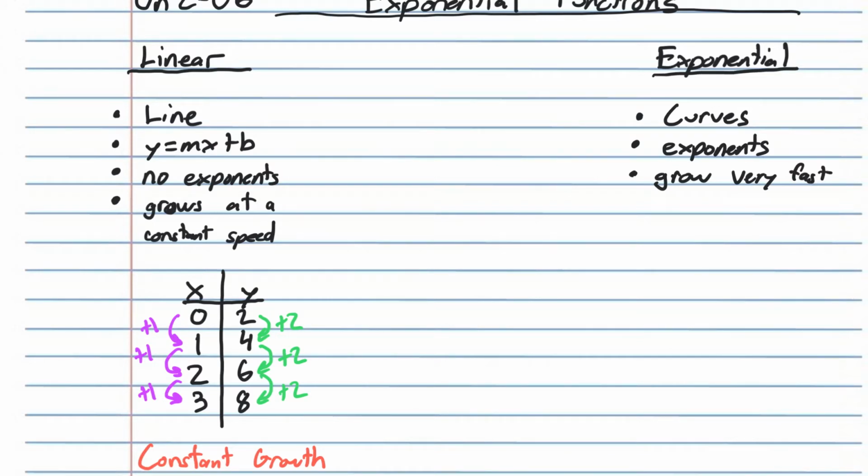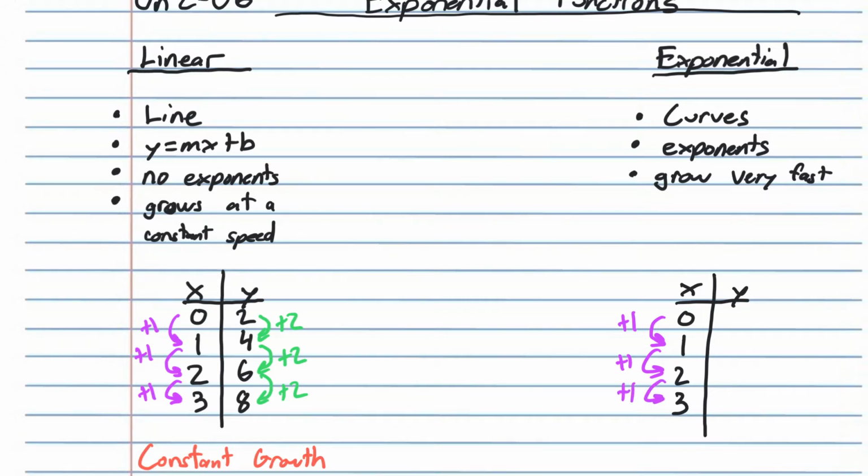So let's do the same thing we did with linear. With linear, we made that table. Let's make an example of what an exponential table would look like. Let's say we set it up the exact same way, with the inputs 0, 1, 2, 3. So the inputs are still increasing by 1 each time: plus 1, plus 1, plus 1.